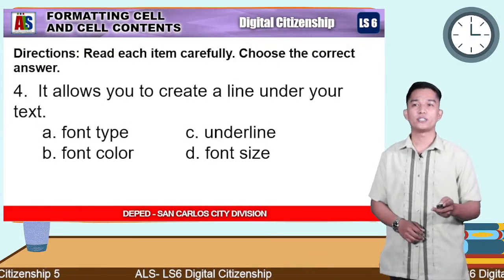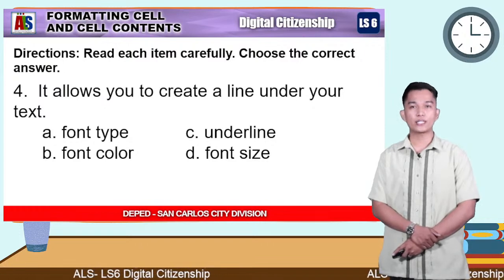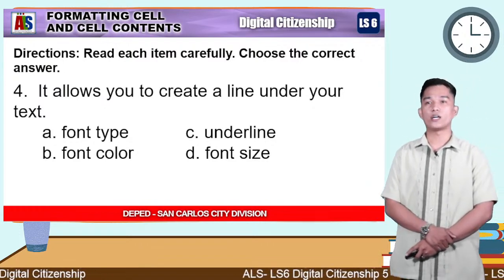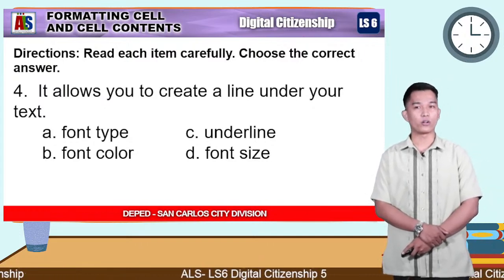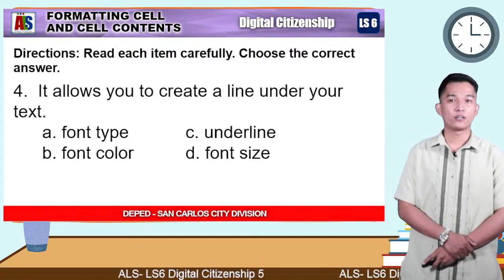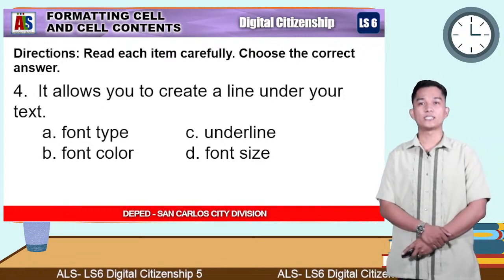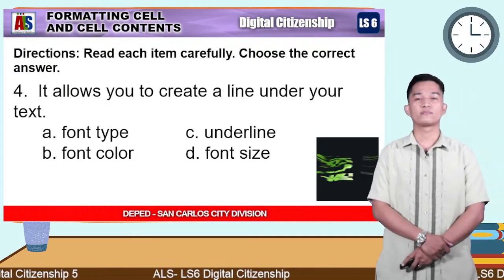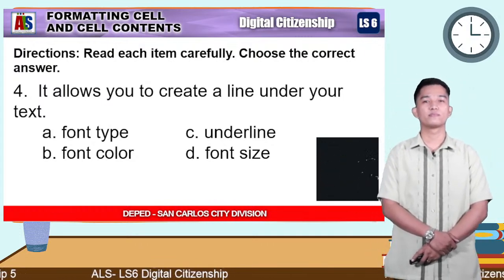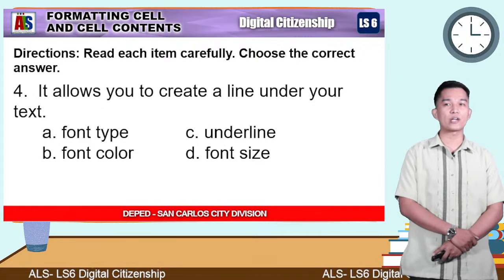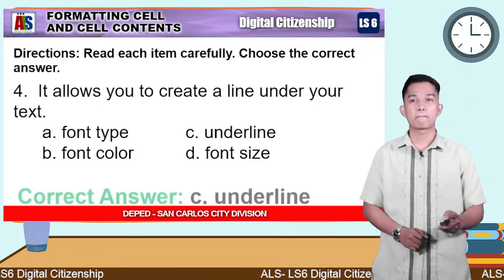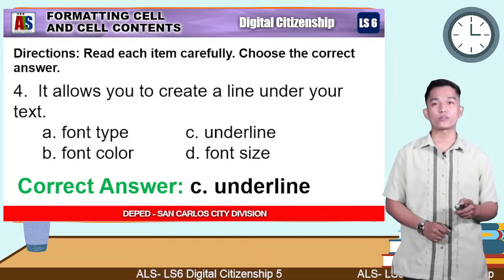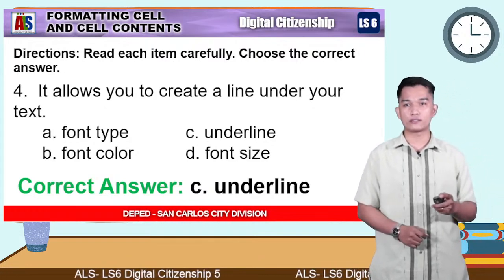Number 4, it allows you to create a line under your text. Is it A, font type, B, font color, C, underline, or letter D, font size? Time's up. The correct answer is letter C, underline. So underline allows you to create a line under your text.